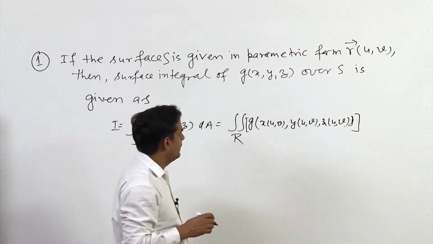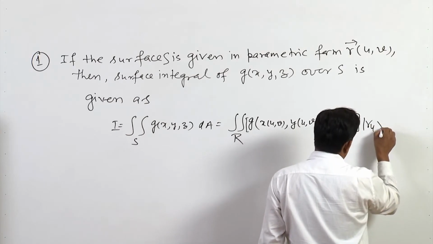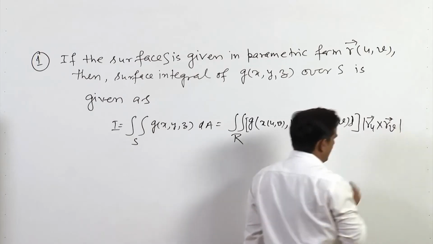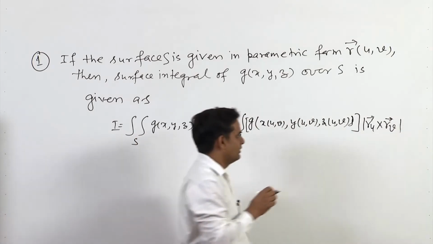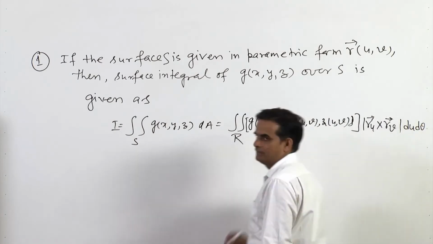Now dA will become the surface area element, that is the magnitude of R u cross R v times du dv.